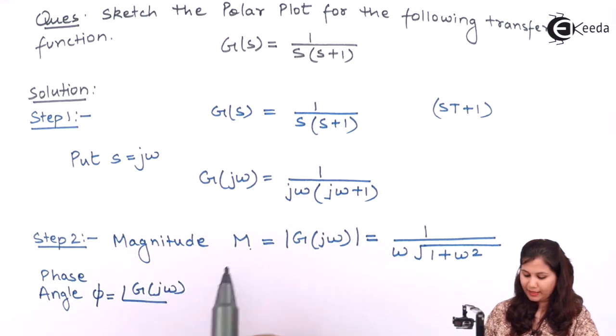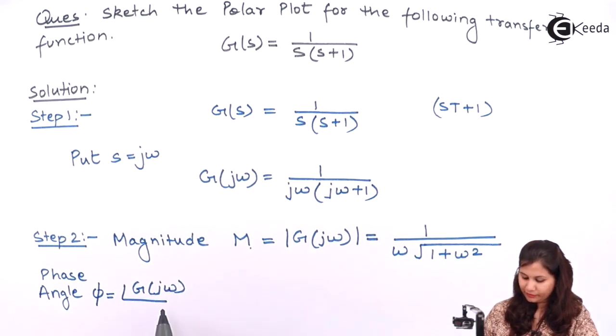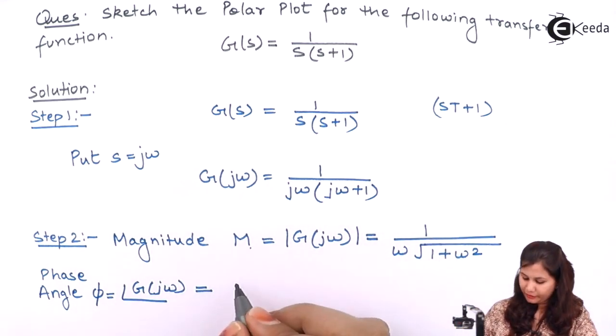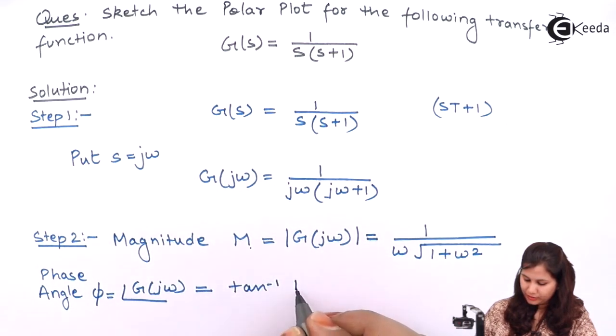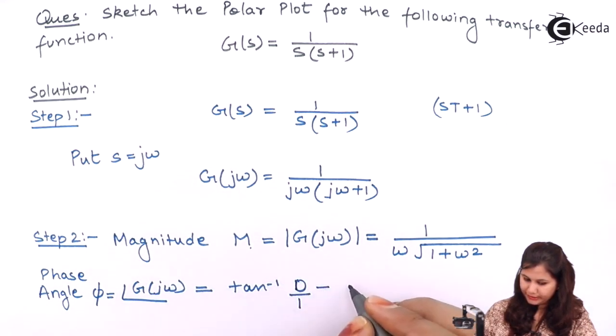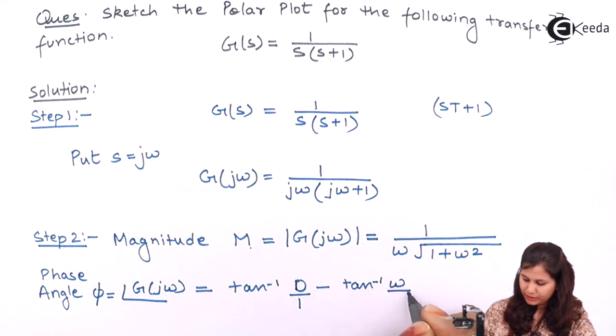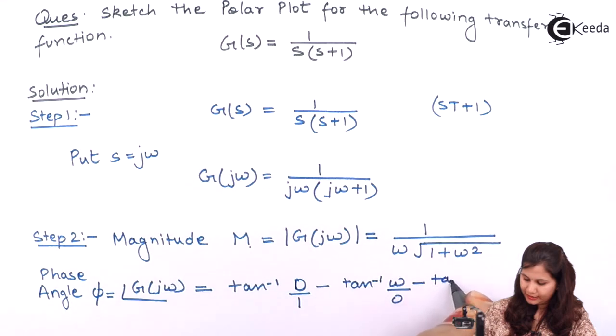So magnitude is M and phase angle is phi, and it is given by the phase angle of the numerator part, which will be tan inverse of 0 upon 1, minus tan inverse of omega upon 0, that is, minus tan inverse of omega.